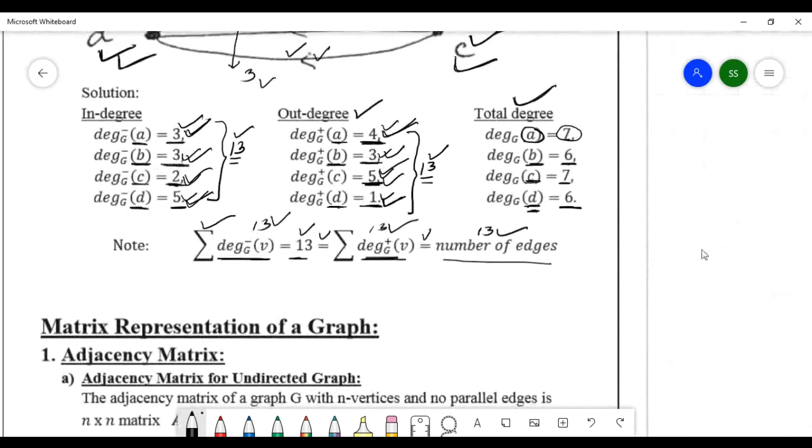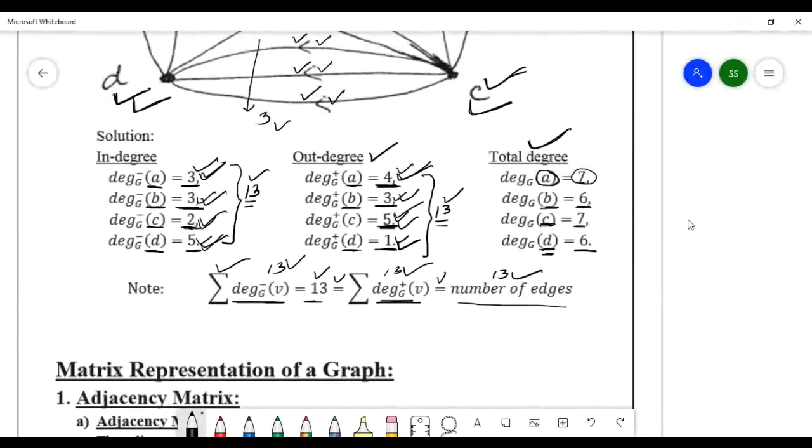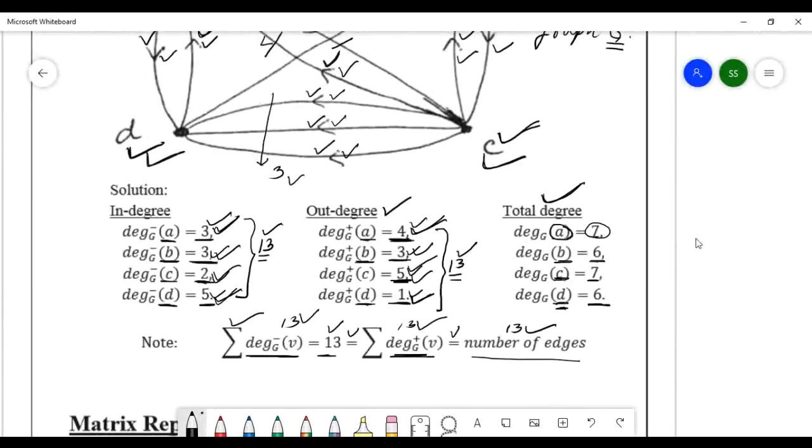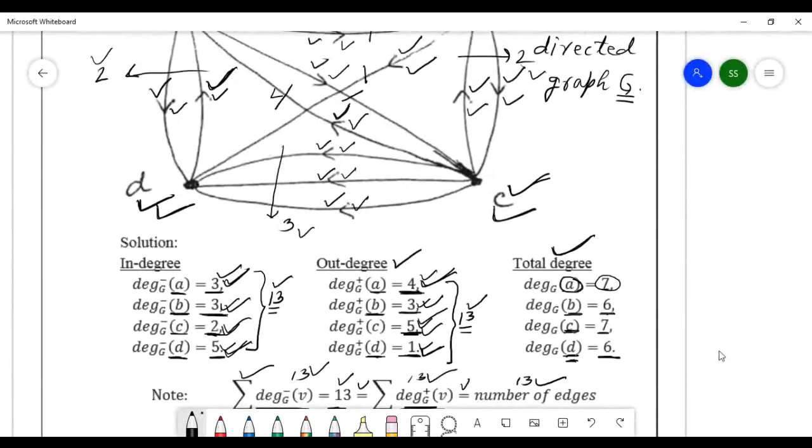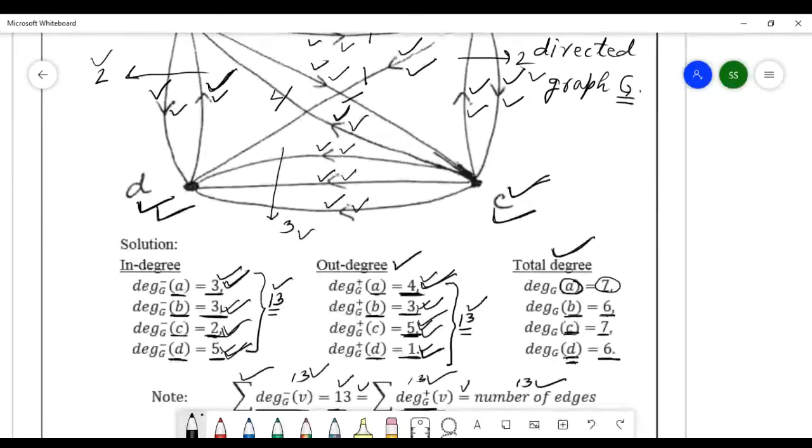Right. Any question here up to here? Tell me. No, it's clear. Any problem? Any student, any problem?